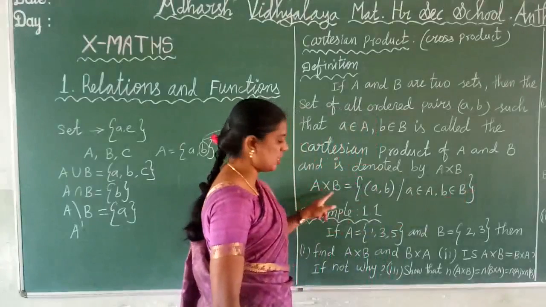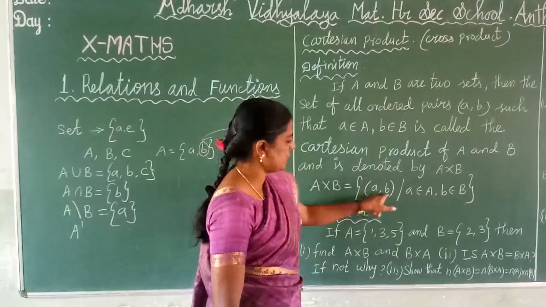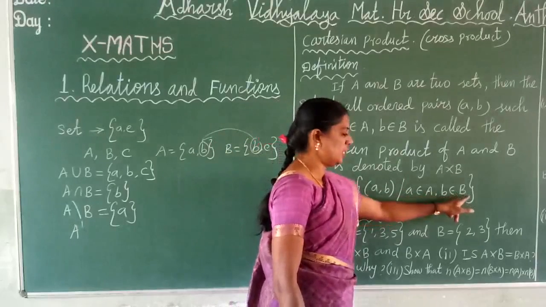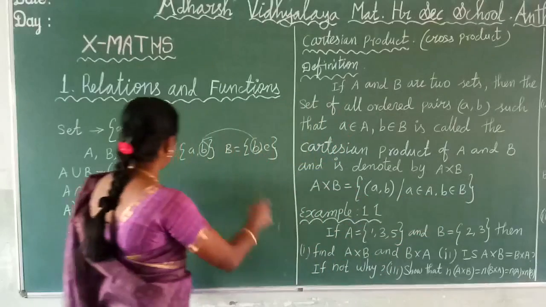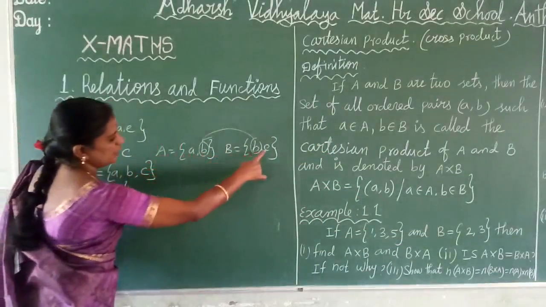So A cross B is equal to the set of (a, b) such that a belongs to A, b belongs to B. Here for A we take {a, b}, for B we take {b, c}.